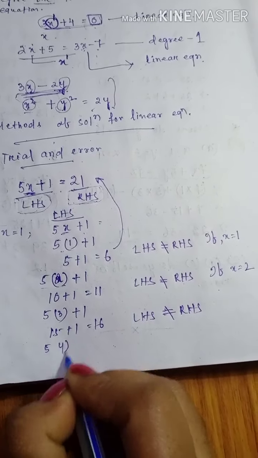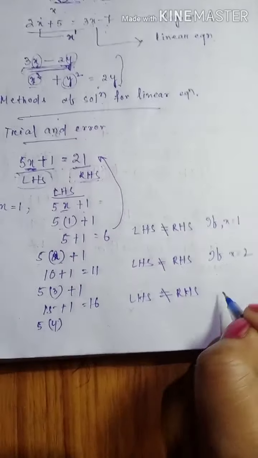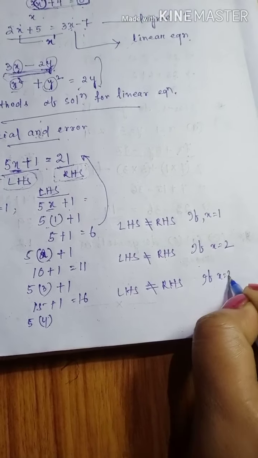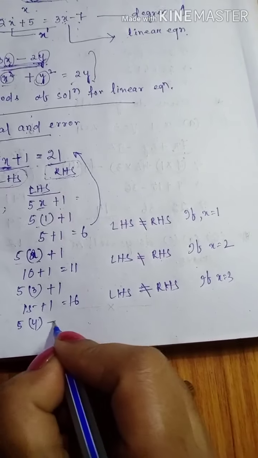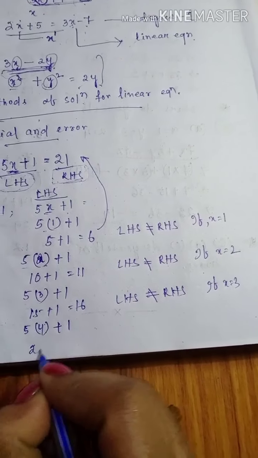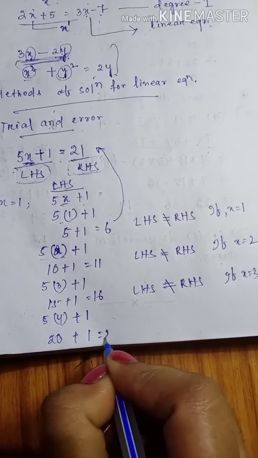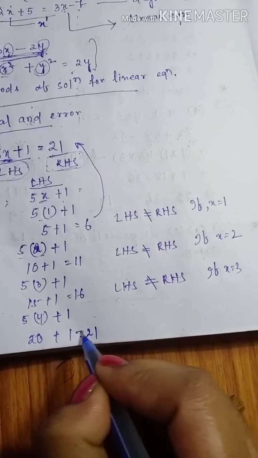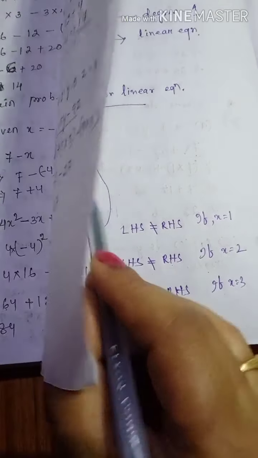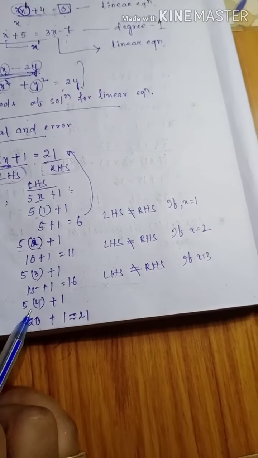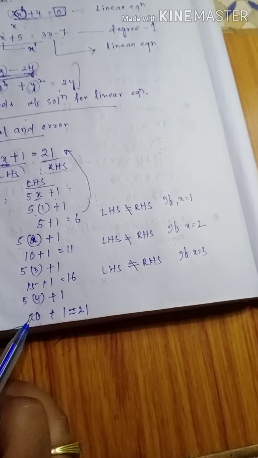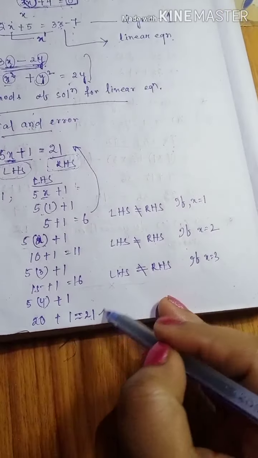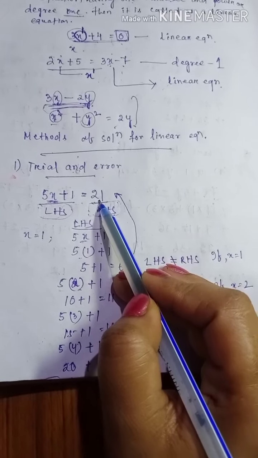If I take x is equal to 4 here, 5 into 4 plus 1, then 20 plus 1 is equal to 21. See, I am getting 21 on the LHS side when the x value is 4, which is equal to the RHS.